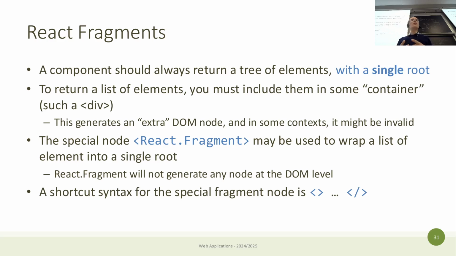But if for some reason you don't want to introduce that element because it creates problems in your HTML structure and so on, there's this special element called React fragment, that has this name, React.Fragment, but it also has a very convenient, much shorter syntax, a kind of empty node.